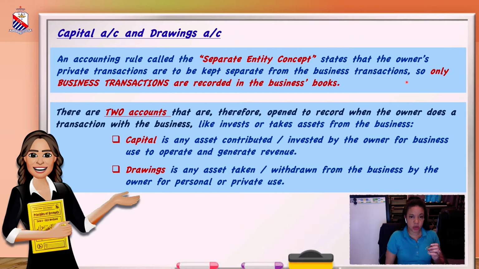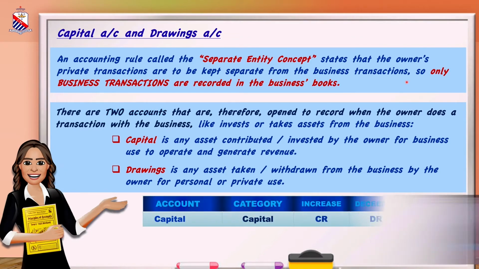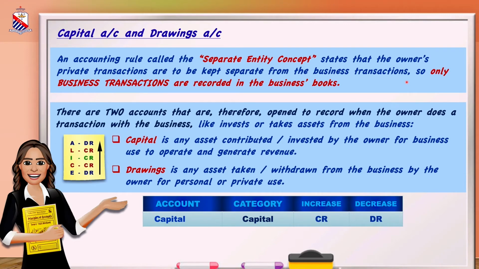So those are our two accounts, the capital and the drawings. And well, what are the double entry rules? We are already familiar with capital. So capital is a capital account. Whenever capital increases, which is an investment, we credit. What do we do when it decreases?